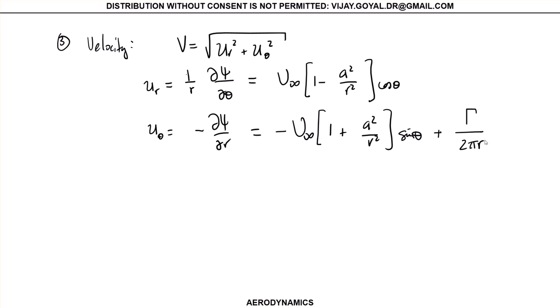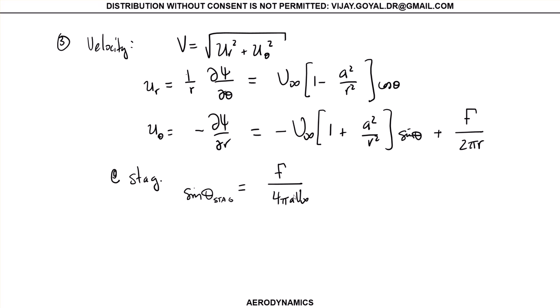We did this, and we also showed in class that at the stagnation point, sine of theta at stagnation is equal to minus gamma over 4 pi a U infinity.